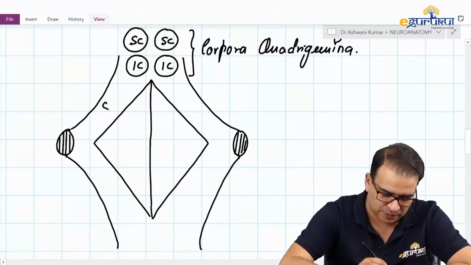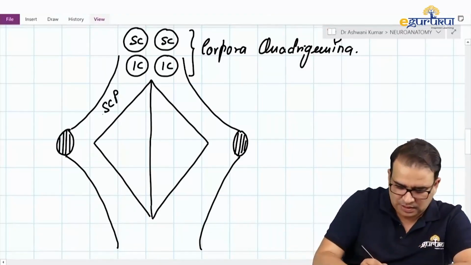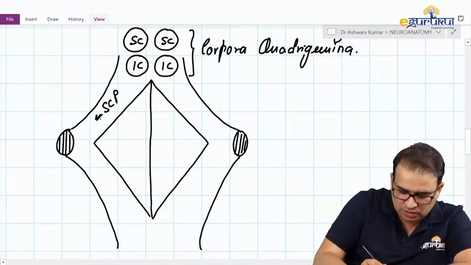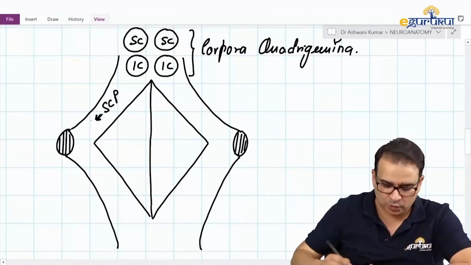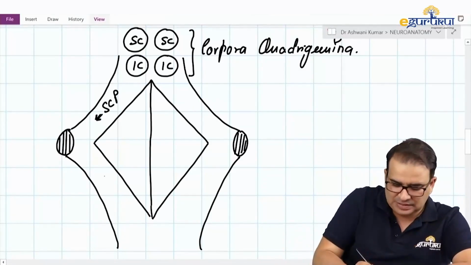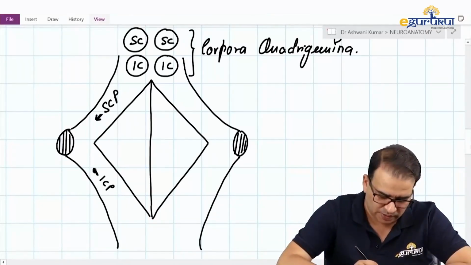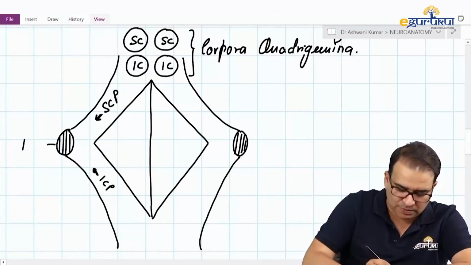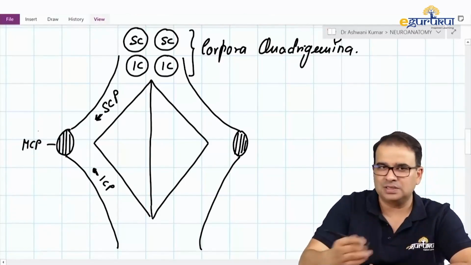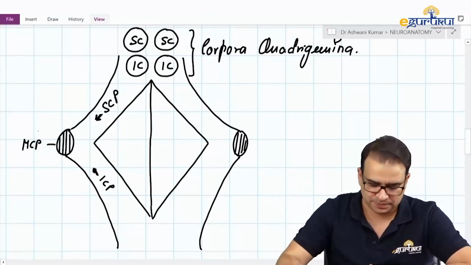Let me label this. This is the superior cerebellar peduncle. Let me draw this arrow that is converging toward the pons, coming downward. Here we have the ICP, the inferior cerebellar peduncle, which is going upward, and they are all fusing along with the middle cerebellar peduncle and entering into the cerebellum, which is removed from this picture.